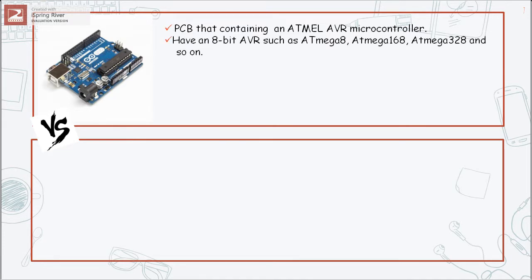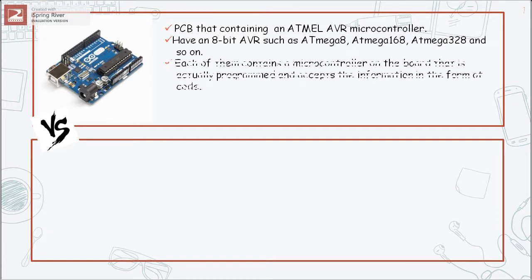It has an 8-bit AVR such as Atmega8, Atmega168, Atmega328, and so on. Each of them contains a microcontroller on the board that is actually programmed and accepts information in the form of code. Programs are written in C or C++.